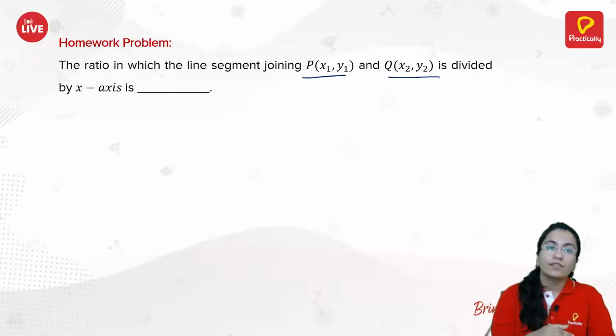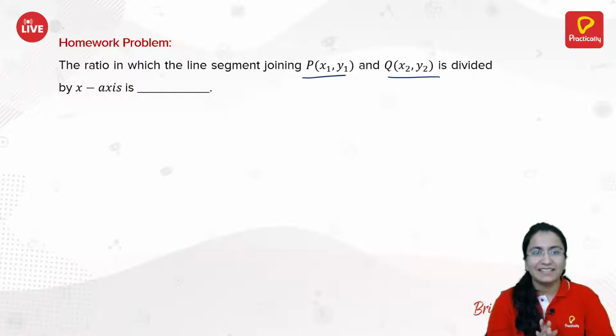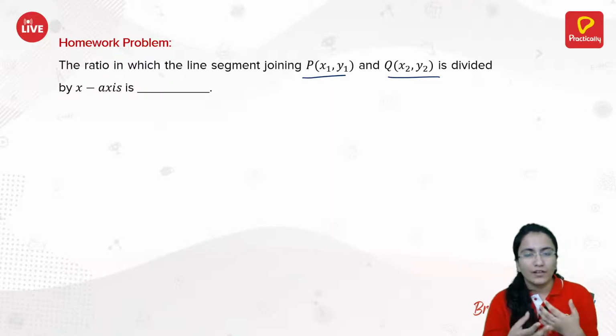We have done a similar question in this session, so I think you can easily solve it, right? Solve this question and let me know in the comment section what answer you get. If you are not able to do it, just let me know and I'll solve this in the next class.